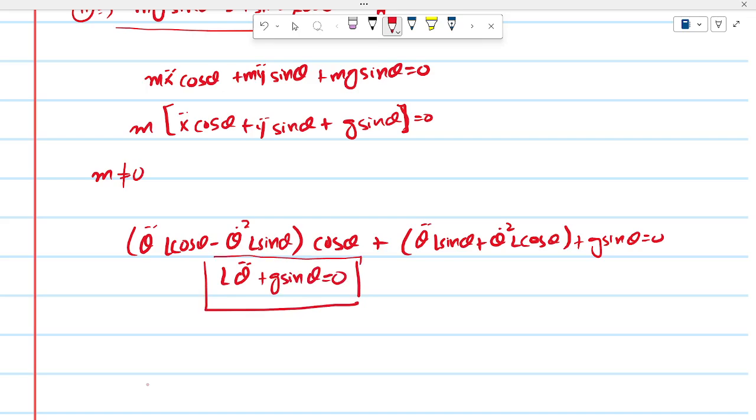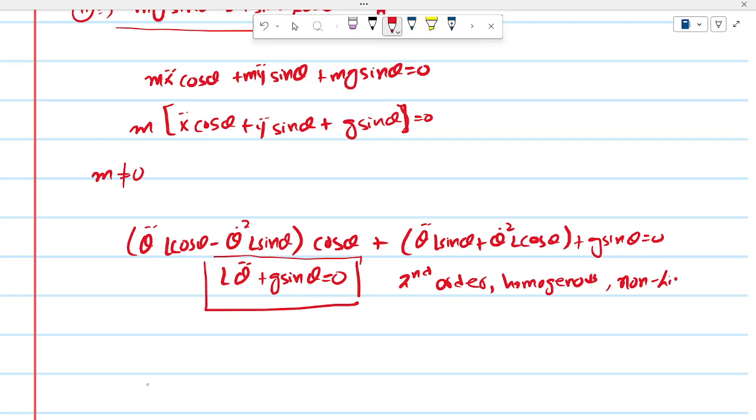and that is second order homogeneous. That's second order because you have a double derivative involved. Homogeneous because you don't have anything on the other side, there's no external force involved.